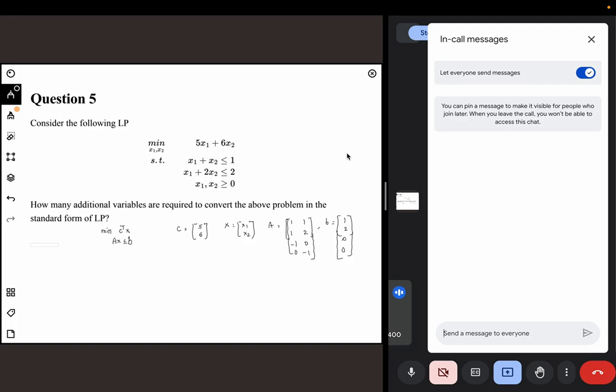So this is clear. The question asks how many additional variables are required to convert the above problem into the standard form of LP. So how do we convert this into the standard form? Previously we discussed this.